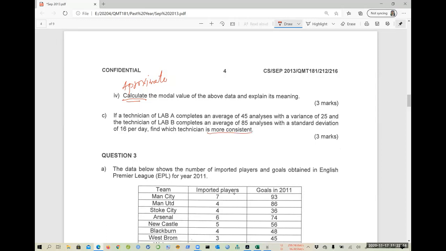Okay, so in this case, you need to find the CV for A and also CV for B. And remember, to find the CV, it is simply the standard deviation divided by the mean, multiply with 100. For A, you have 45 analysis. This is the mean, okay? And the variance is 25.